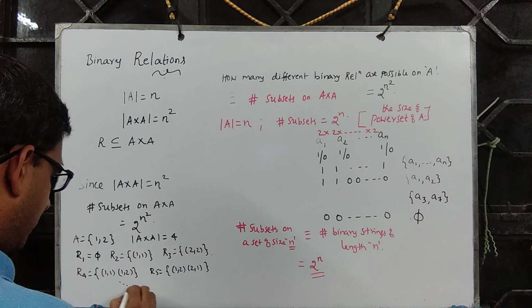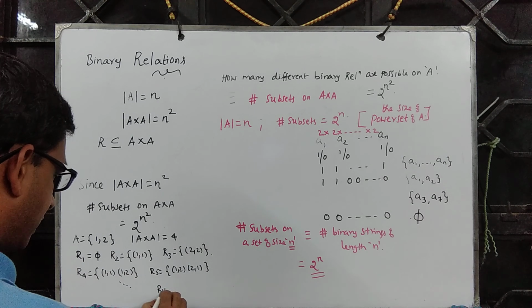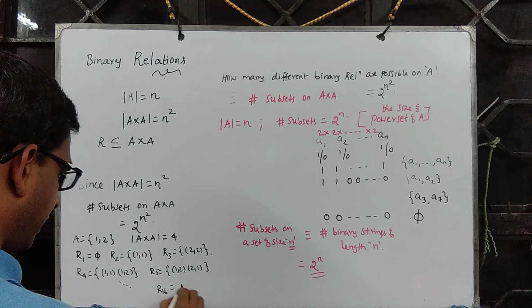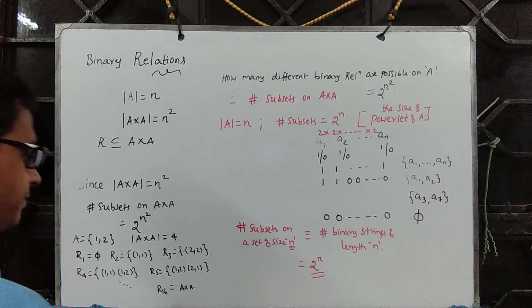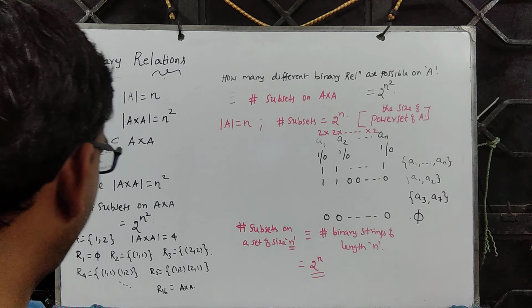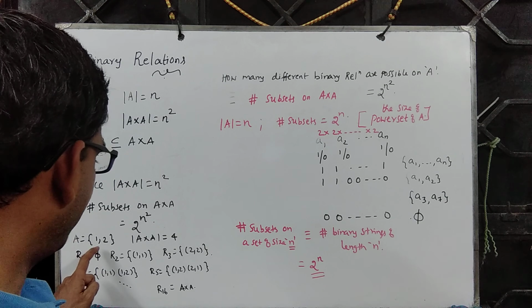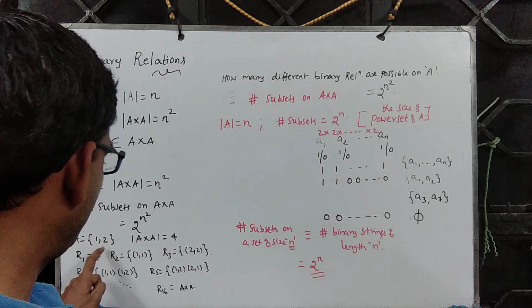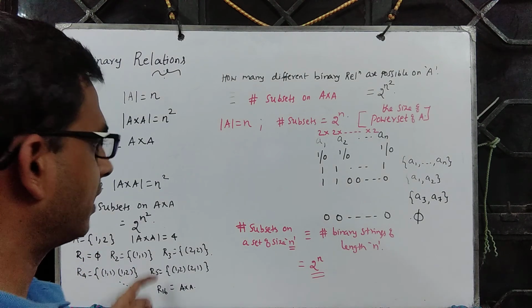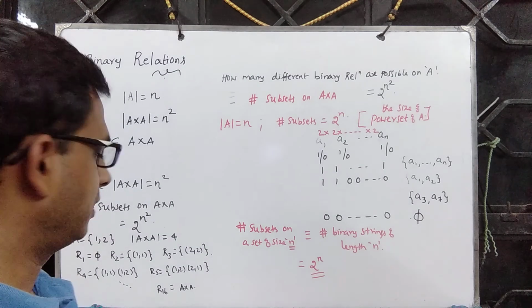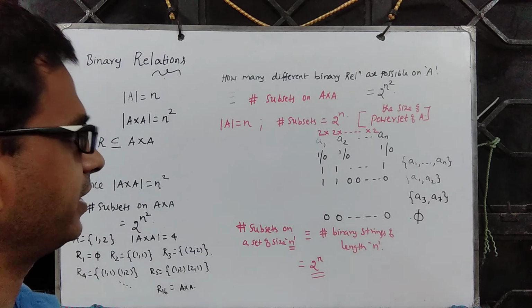Like this one can list. Finally we get R16, which would be A cross A itself. So you find 4 elements, (1,1), (2,2), (1,2), (2,1). Then you look at all possibilities. So we see that there are 16 of them.